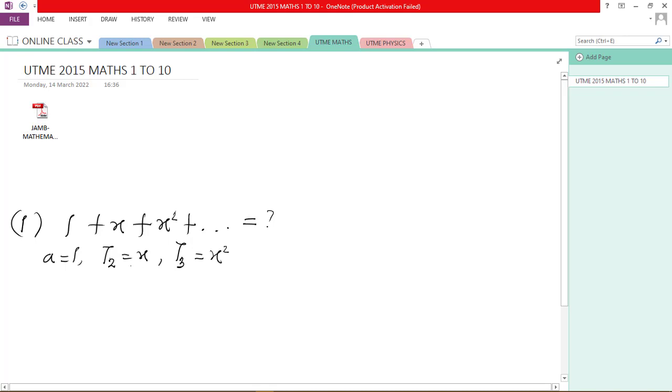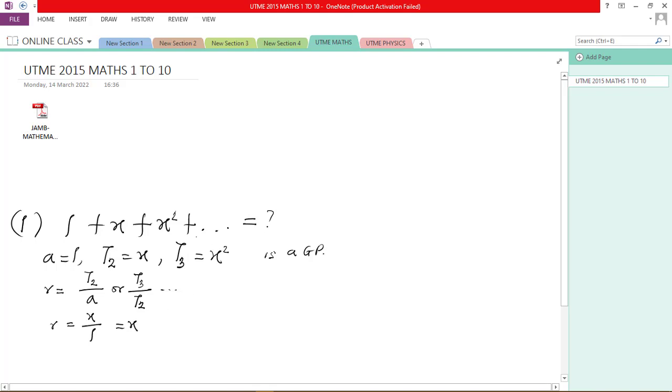If you look at this progression, it is very obvious that it is a GP. So we have r to be either T2 over A or T3 over T2, and so on. In this case, r equals x over 1, which is equal to x.